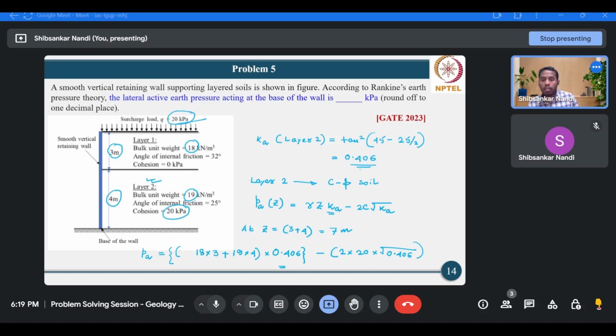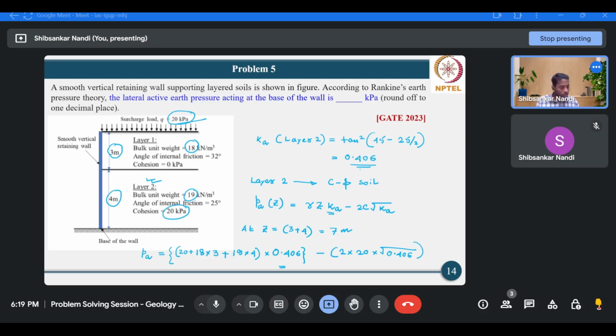Okay, so 20 plus 18 multiplied by 3, this overburden is from layer 1, then 19 multiplied by 4, this is from layer 2, multiplied by the active earth pressure coefficient of layer 2, that is 0.406, minus 2 into c of layer 2 into root of the active earth pressure coefficient of layer 2.